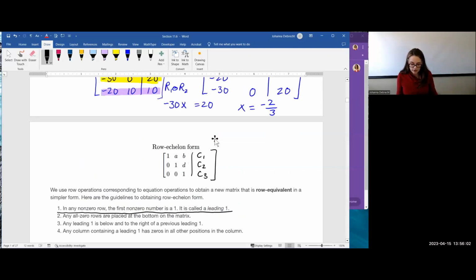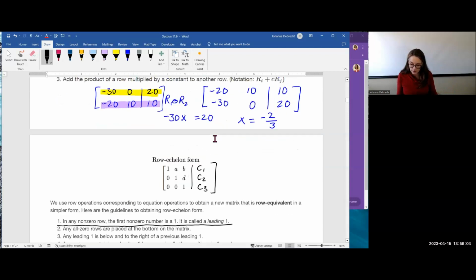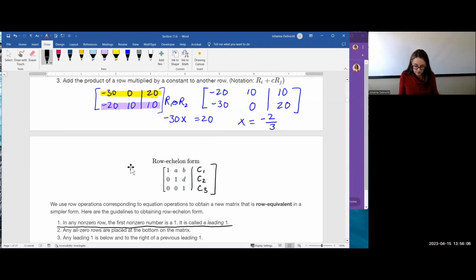So, for example, if we want to come back up here to the one that we had up here, let me start with this format right here. So I'm going to start with the negative 20, 10, 10, negative 30, 0, 20.